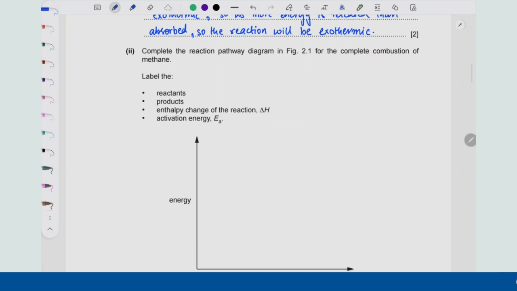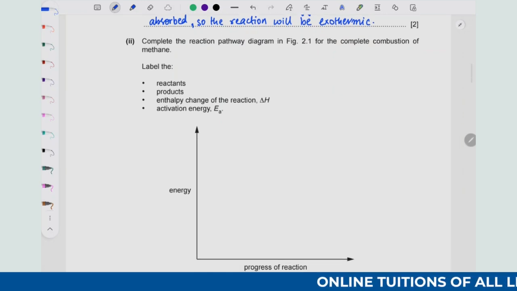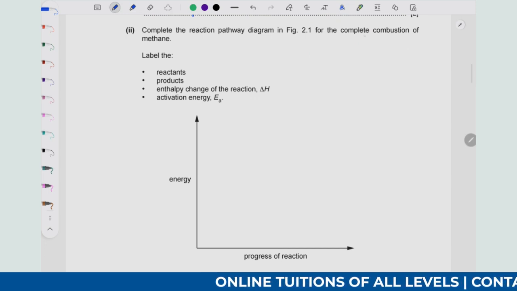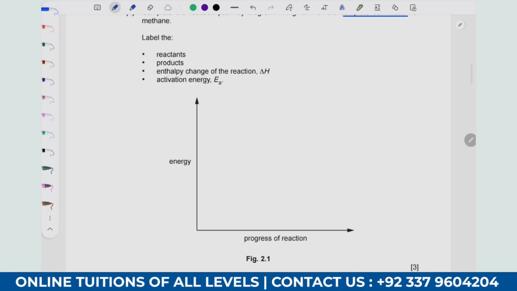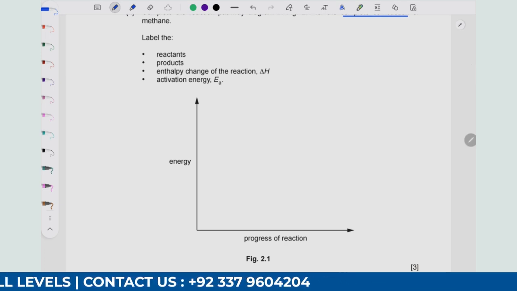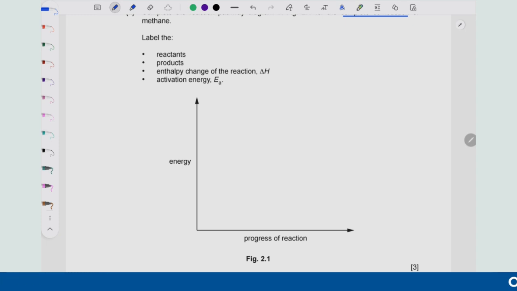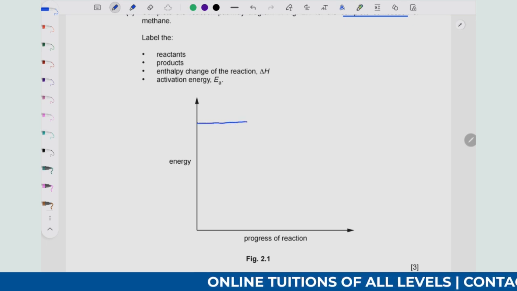Moving towards the next part, it states complete the reaction pathway diagram in figure 2.1 for the complete combustion of methane. Label the reactants, products, enthalpy change of the reaction delta H and activation energy. As the reaction is exothermic, the reactants' energy will be higher than the products.